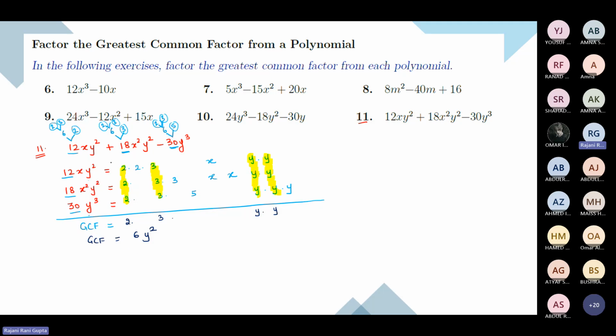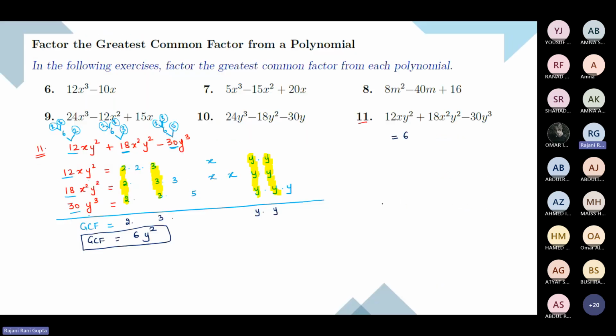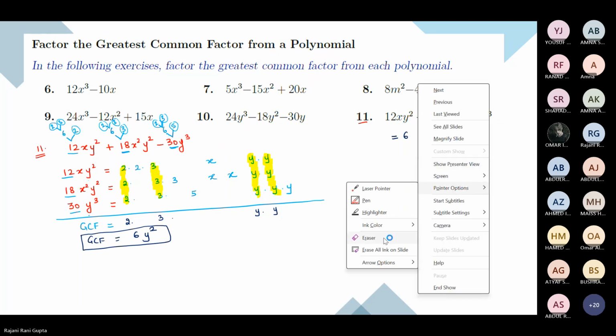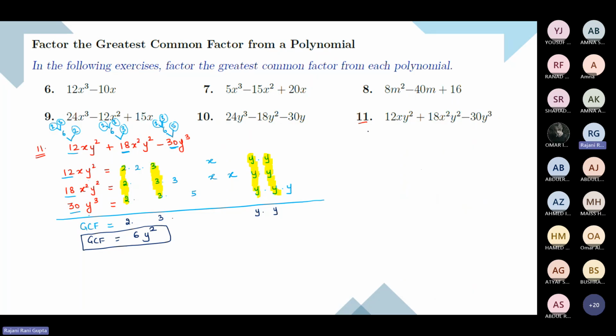Okay, now this is not completed yet. So let's see how we can rewrite this. So we can rewrite this question 11 as 6y square. And then we have to check what is left from each of the terms.